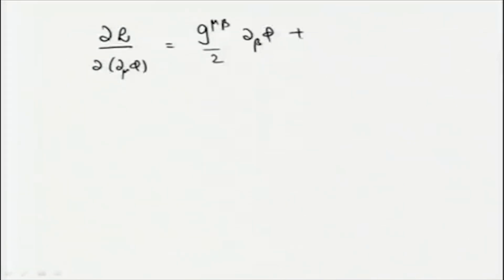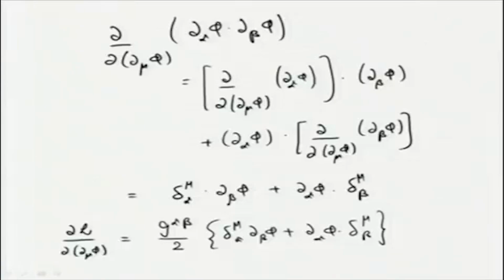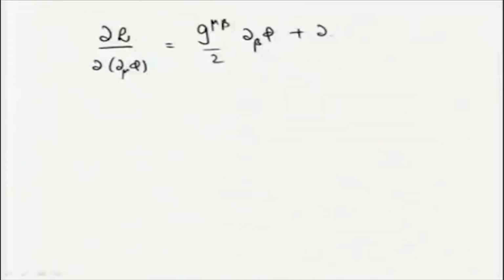And for the second one, we have a delta beta mu. So, beta will be changed to mu. So, we have dou alpha phi as it is, g alpha beta, alpha mu, beta is changed to mu. Again by 2.